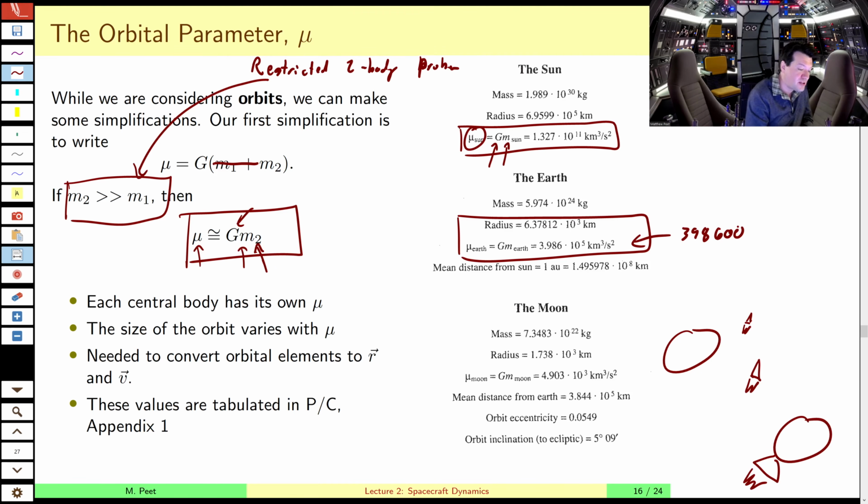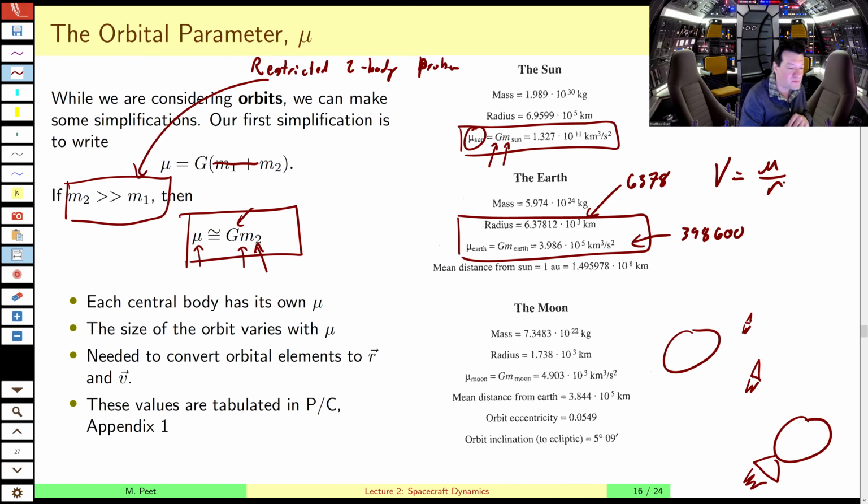The other number that you need to remember, and we'll come back to it a few times, is the radius of the Earth, which is 6378 kilometers. Why do we care about that so much? Well, first of all, that tells us how much potential energy we have at the surface of the Earth. Actually, I haven't said that yet, but we'll talk about it soon.